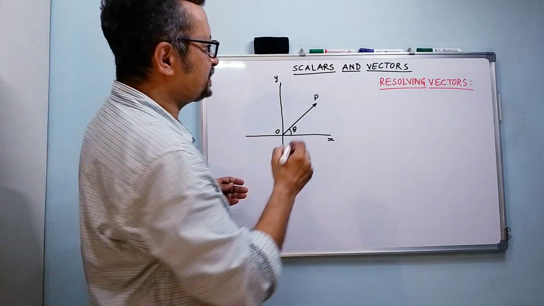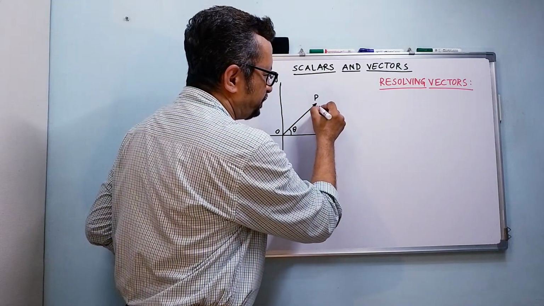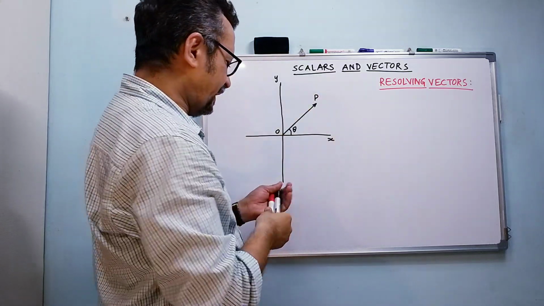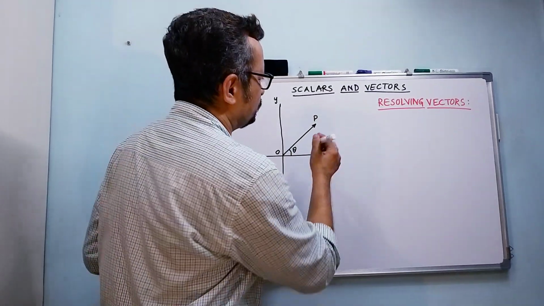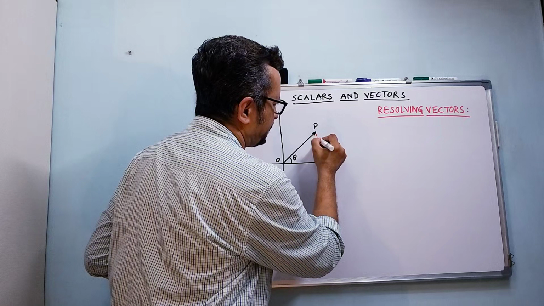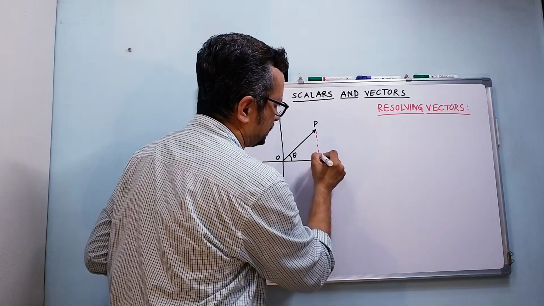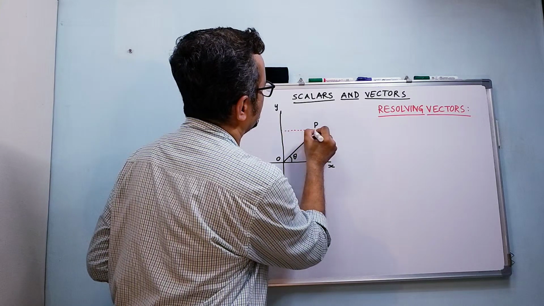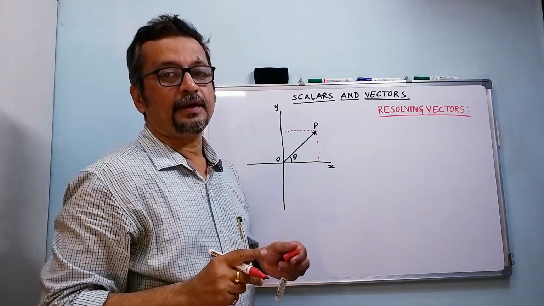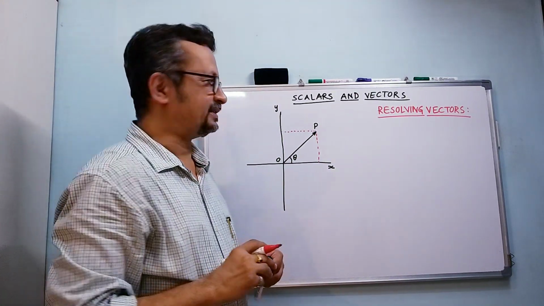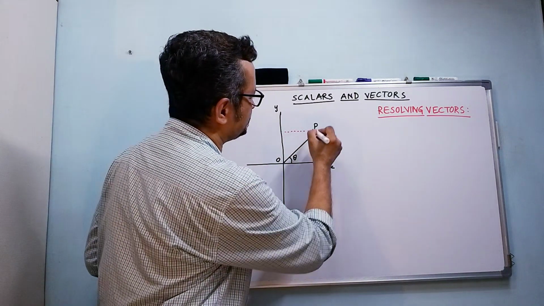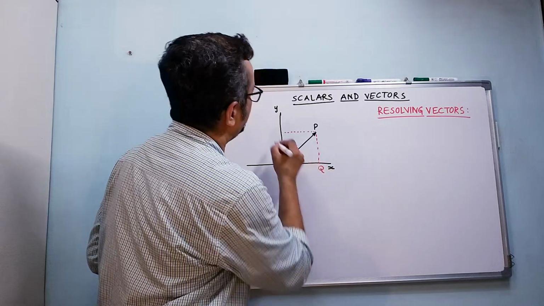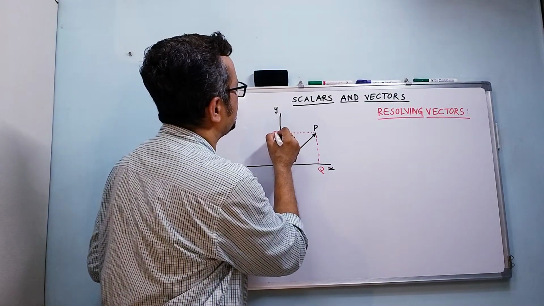Now what I'm going to do is project this point P on the x-axis and y-axis. What do I mean by that? I'm just drawing a perpendicular here and one perpendicular here. From point P, I'm drawing perpendiculars on the x and y axes. Right? Now suppose I have this point Q here and one point R here.